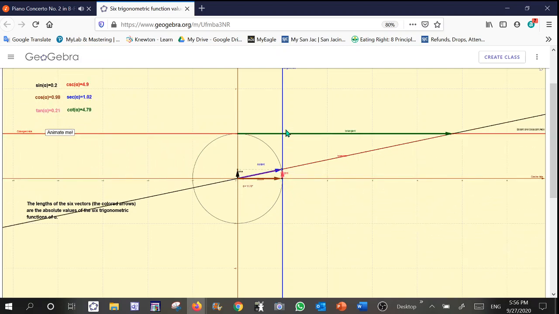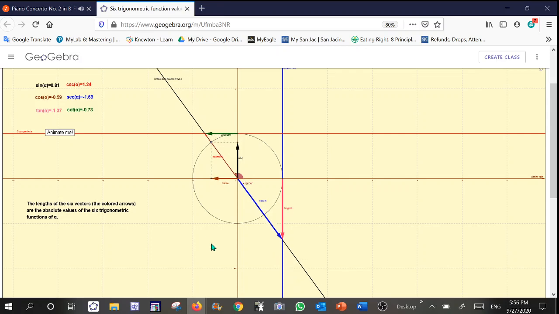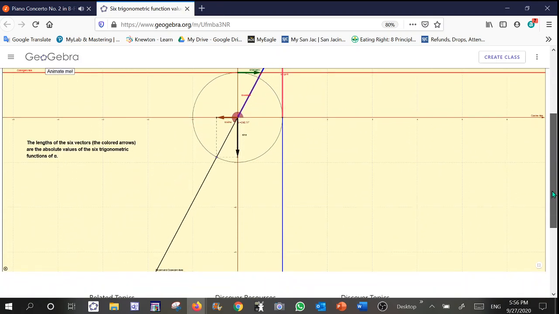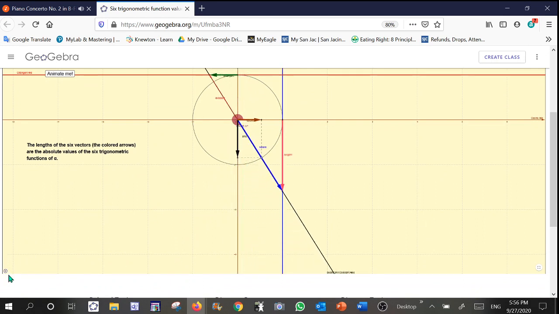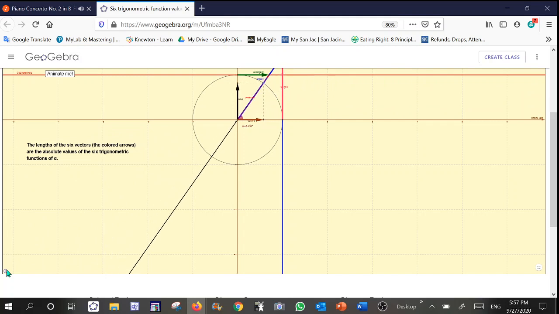See right there, 6 different ratios are given with those vectors. I'm going to stop it when it comes down. Then here, you see? So this is the angle.